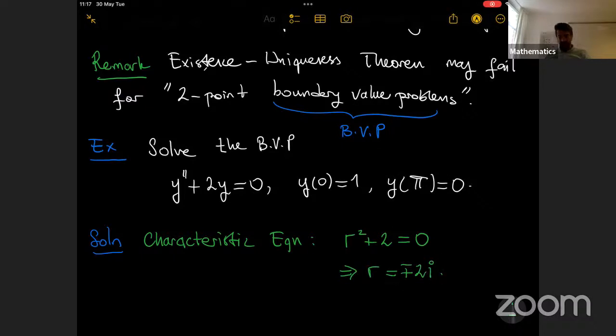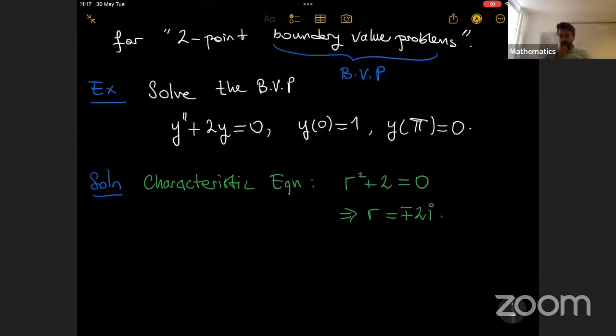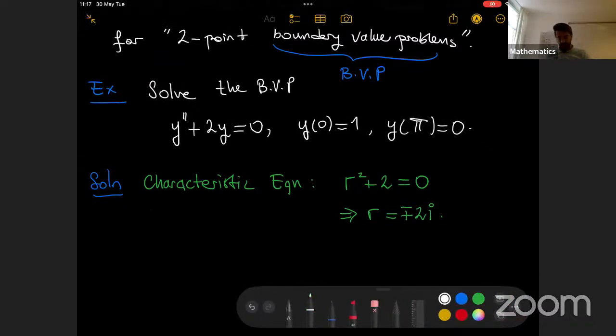So we have a complex solution, and for each complex solution we have two real solutions. We can use one of those.